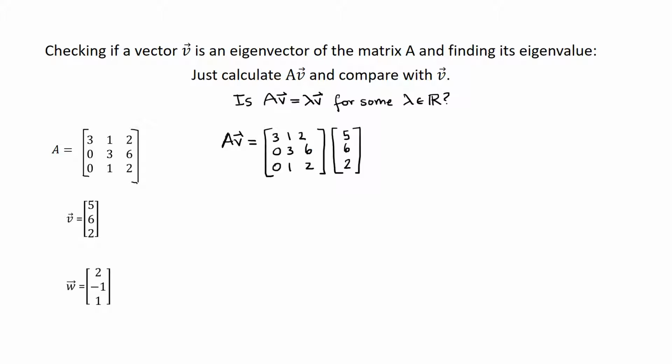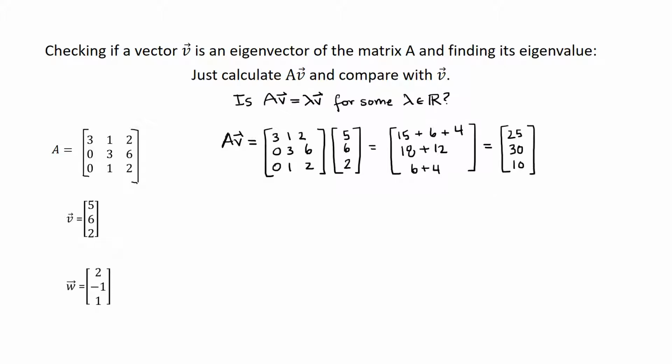If I multiply A times v, I get 15 plus 6 plus 4 as my first coordinate, 18 plus 12 as my second, and 6 plus 4 as my third. So A times v is equal to 25, 30, 10.